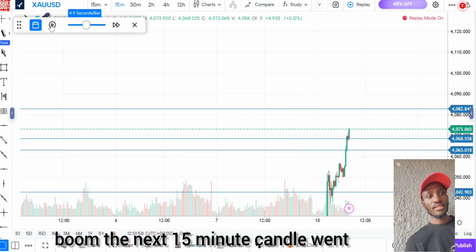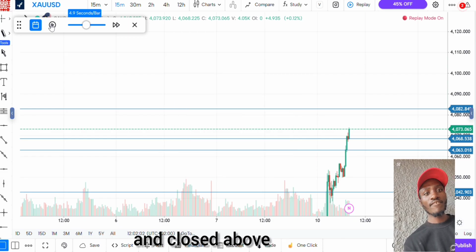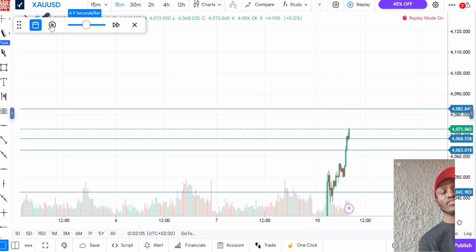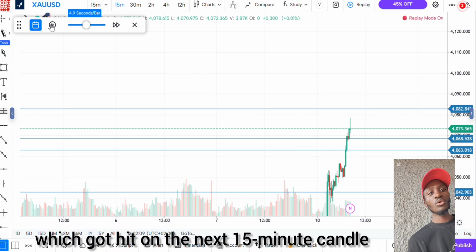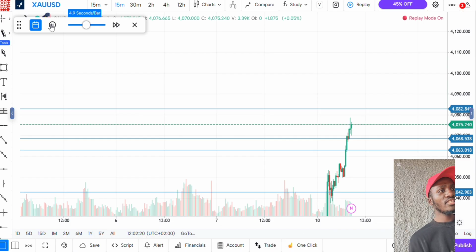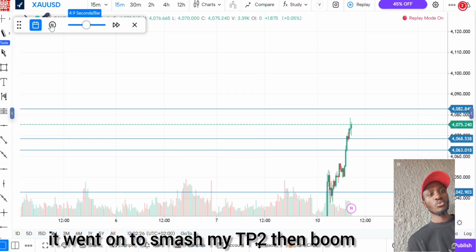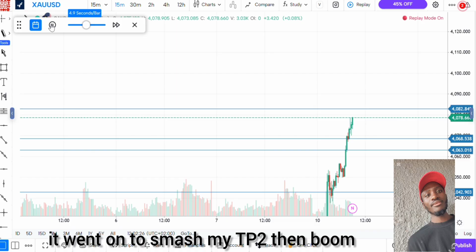Boom. The next 15-minute candle went and closed above 40.73, and my first TP was 40.76, which got hit on the next 15-minute candle. Then after that, price started to range until it went on to smash my TP2.